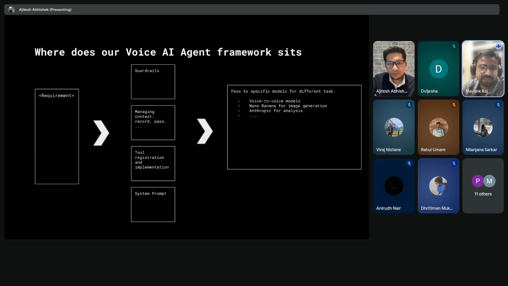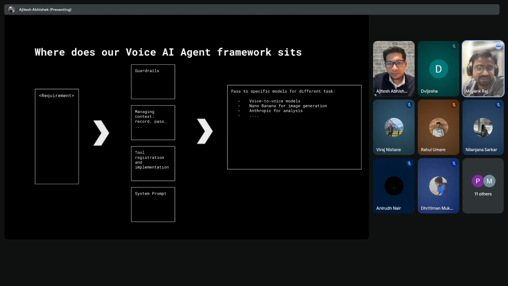Some tools also require some additional data, which is also inferred from your prompt itself. It is a multi-turn approach, which goes on a couple of times throughout your original requirements. We also figure out what memory and guardrails to place. This is a separate agent which takes your requirements and transforms them to build the voice agent itself. And this voice agent is composed of these parts: guardrails, tools, memory management layer, system prompt, and so on. So that's what's happening behind the scenes.